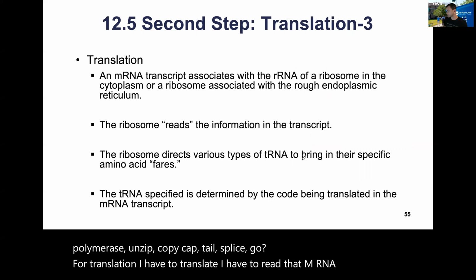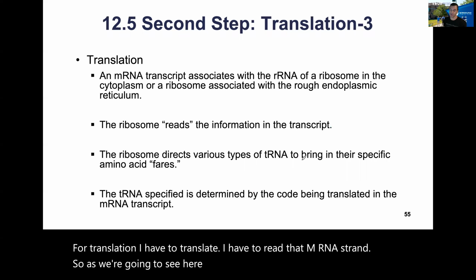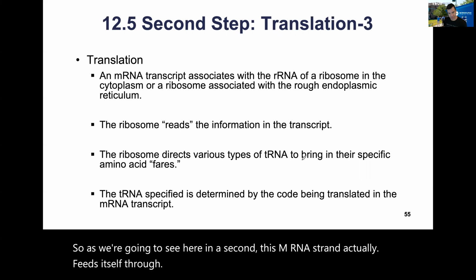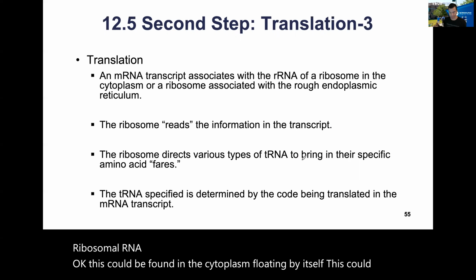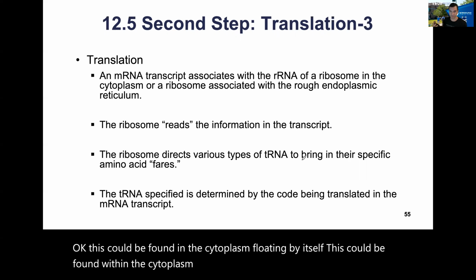As we're going to see in a second, this mRNA strand actually feeds itself through a ribosome, so it's going to associate with the ribosomal RNA. This could be found in the cytoplasm, floating by itself, or within the cytoplasm but attached to the rough endoplasmic reticulum.